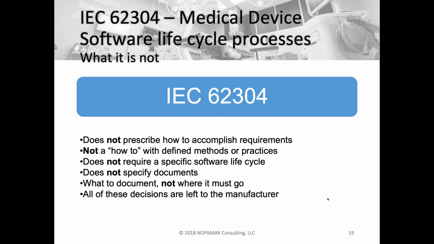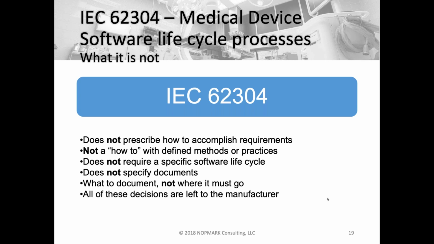It's not telling you what software lifecycle you have to follow. It's not telling you that you have to create your plans all first and your requirements all first and do all of your unit testing first and then do all of your system testing. So it does not dictate that it's a waterfall process.